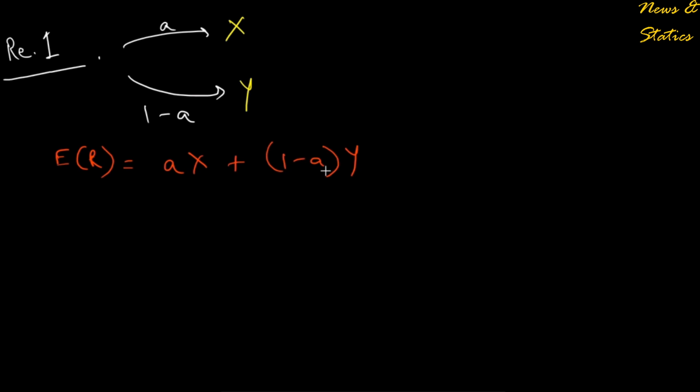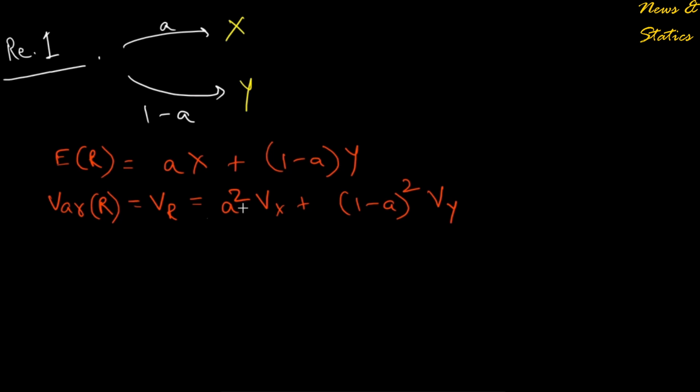And all of these are random variables, by the way. My variance of r, which I can also write as Vr, will be equal to a squared times the variance of x plus (1 minus a) squared times the variance of y. Why does it become a square, I've already discussed.